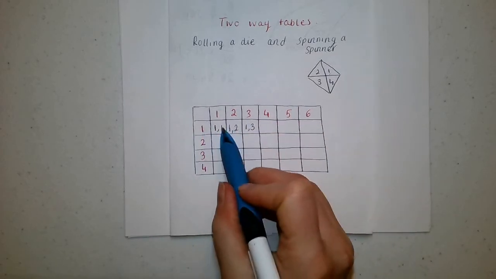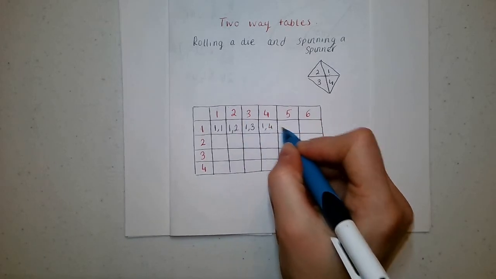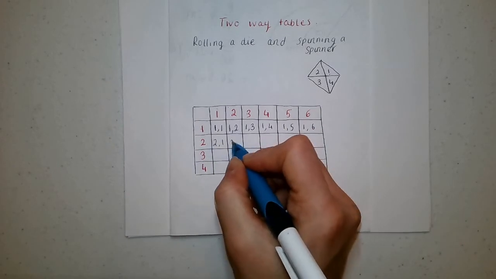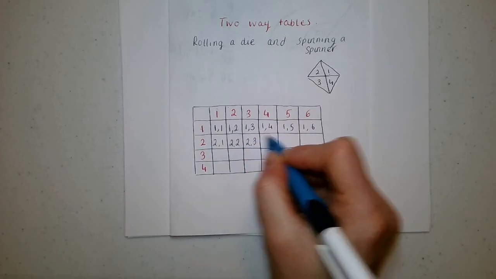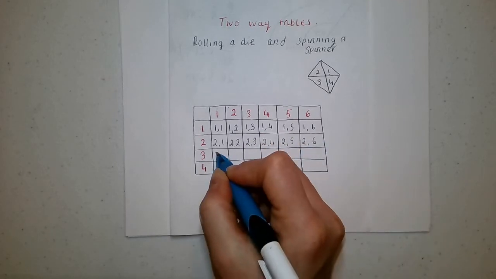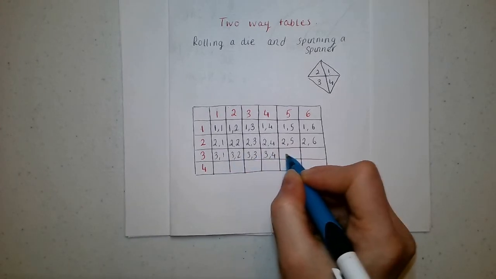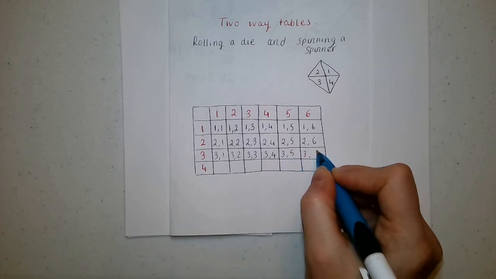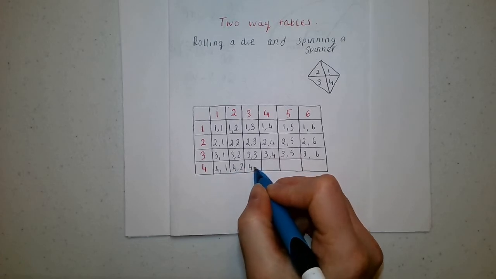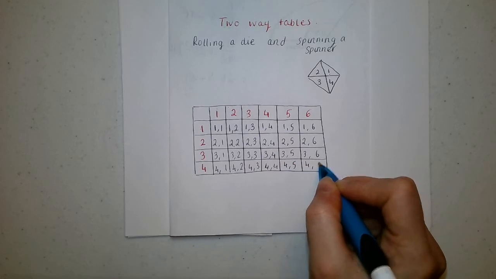So we're looking left and up, left and up, left and up, 1 and 4, 1 and 5, 1 and 6, 2 and 1, 2 and 2, 2 and 3, 2 and 4, 2 and 5, 2 and 6, 3 and 1, 3 and 2, 3 and 3, 3 and 4, 3 and 5, 3 and 6. And then lastly, we're going to do our 4s. So 4 and 1, 4 and 2, 4 and 3, 4 and 4, 4 and 5, and 4 and 6.